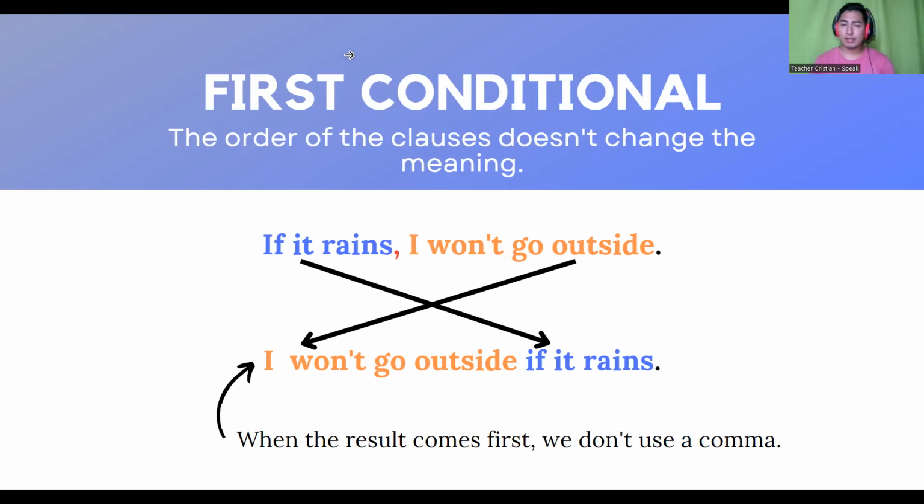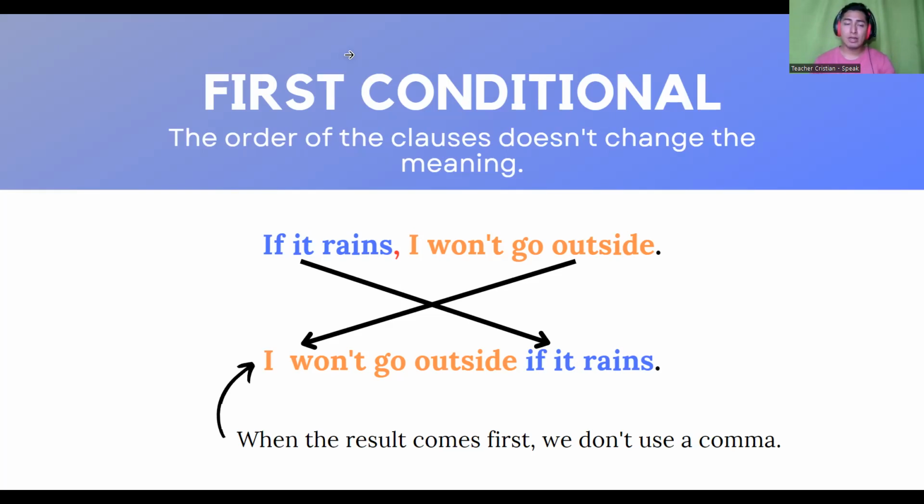When the result comes first, we don't use a comma. This is something we also have to pay attention to. When we have first the action and then the result, we need to use a comma between the two clauses, the if clause and the main clause.